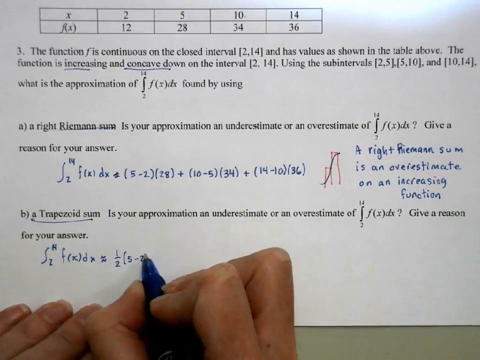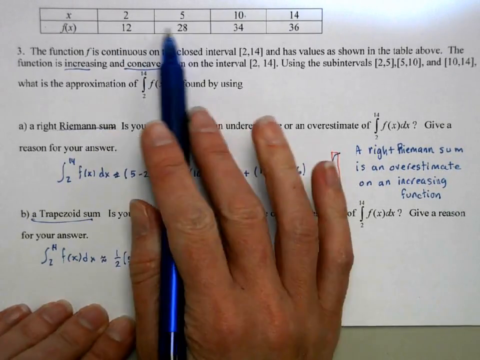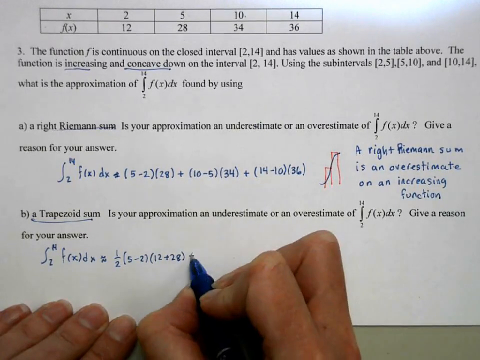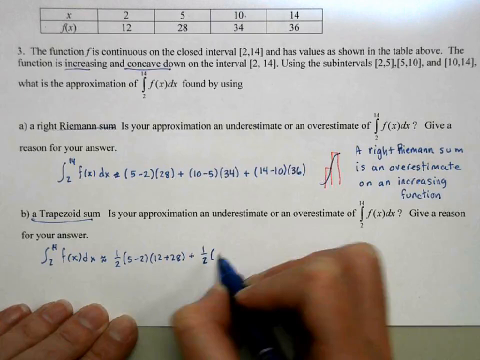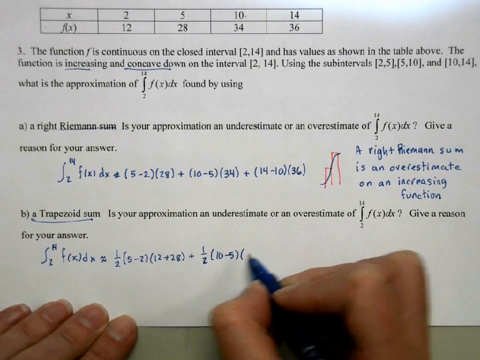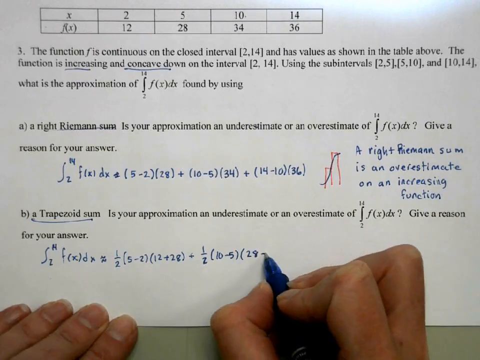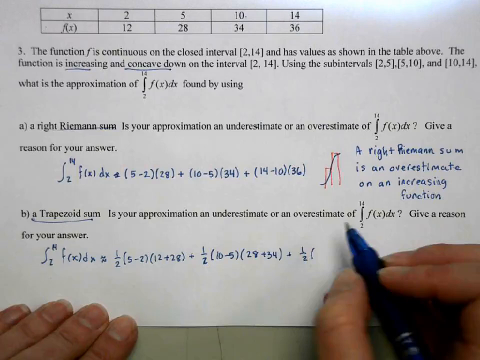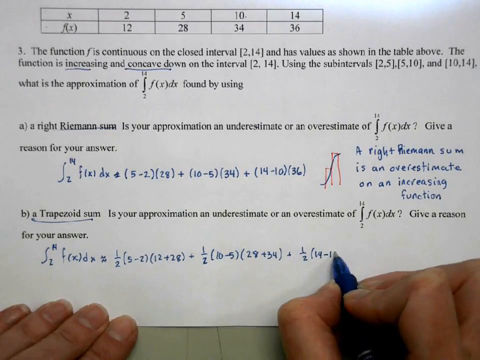And then we'll repeat that for the others. 1/2, we've got 10 minus 5, and then 2 bases are 28 and 34. We've got 1/2, 14 minus 10 for my height, 34 and 36 for my bases.